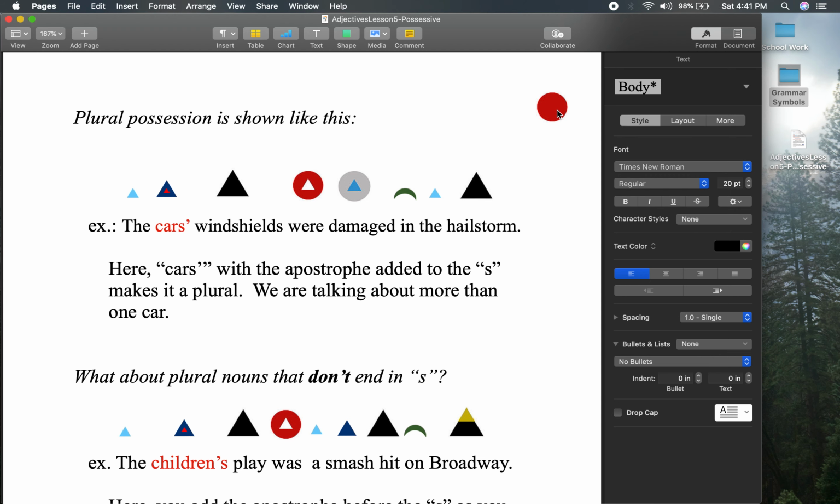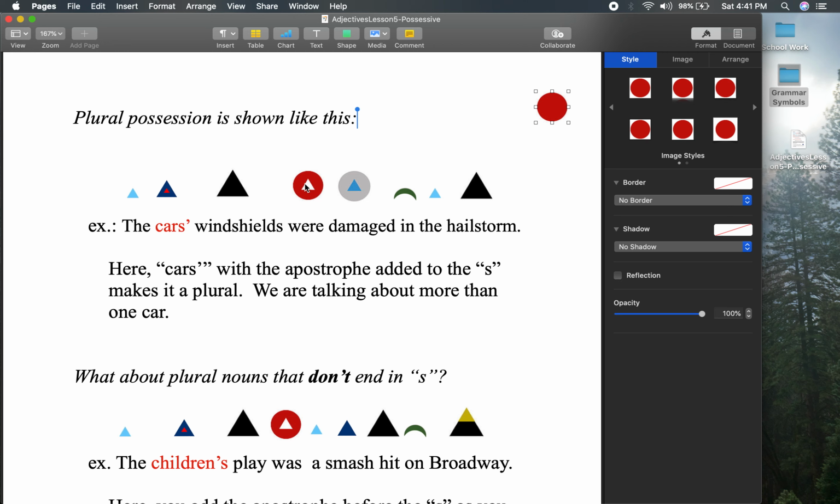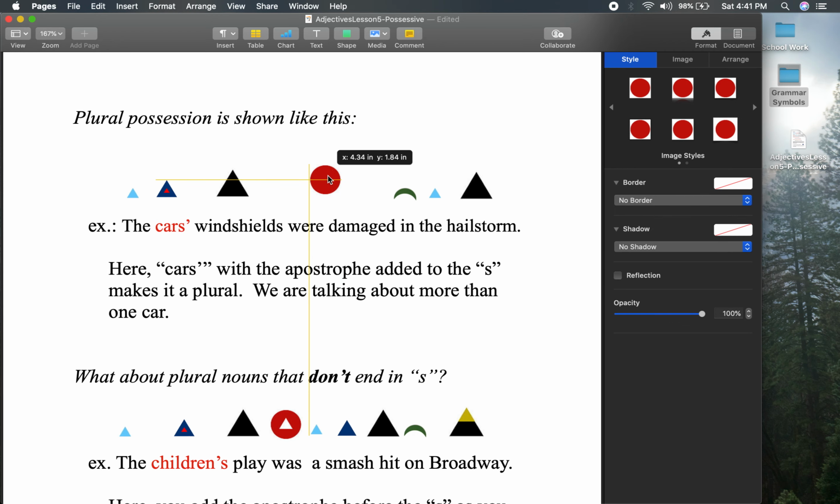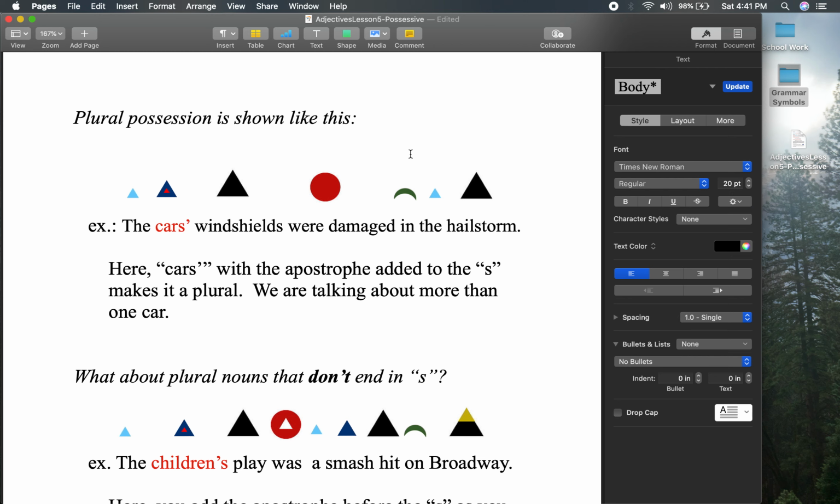Also, I put this verb symbol here for a reason. Were damaged. Oftentimes, I forget that passive voice exists because I work so often with active voice with the kids in creative writing. But were damaged, if you have the verb to damage, were damaged is actually a past tense in the passive voice. So I can take out the linking verb and the participle, and roll them in with the verb here for were damaged.